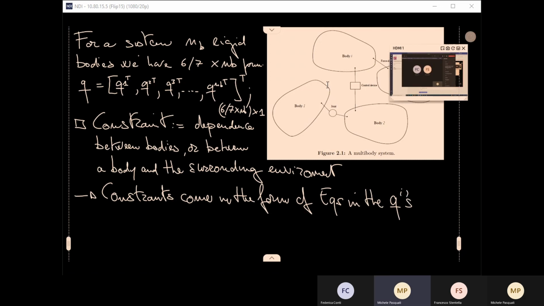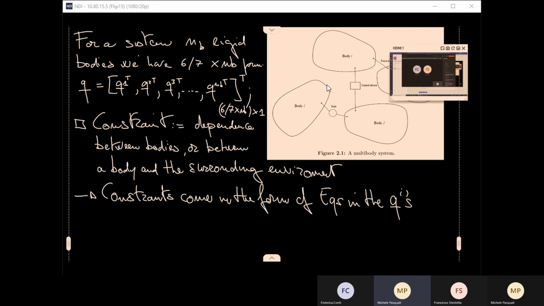So there are basically some equations that enforce relationships between bodies, and we will see some examples today. Since the bodies are described in terms of generalized coordinates, these constraints are typically enforced in terms of generalized coordinates.